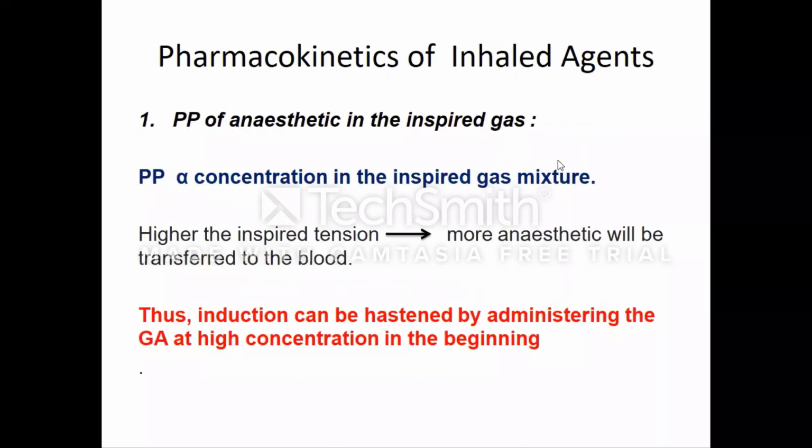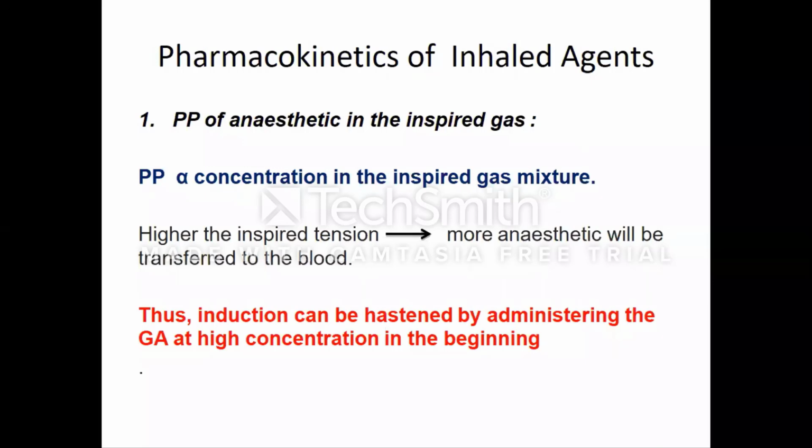When you ask what are the different factors affecting the effects of general anesthesia, the first factor is no doubt the partial pressure of the anesthetic in the inhaled or inspired gas. The partial pressure is directly proportional to the concentration of the general anesthetic present in the mixture which the patient has inspired.